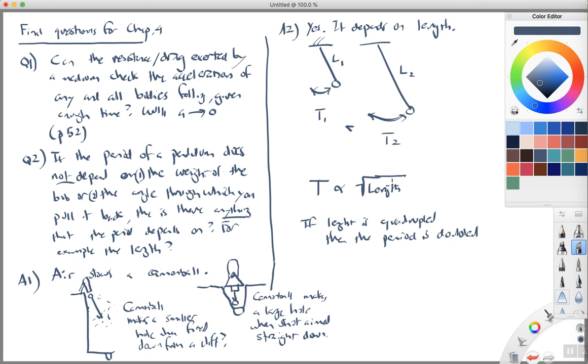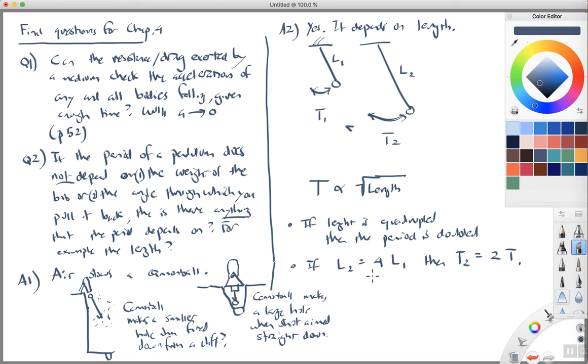It's not enough to simply double the length to double the period. If you double the length, the period would go up by a factor of the square root of 2. You need to quadruple the length in order to double the period. So if, for example, L2 is 4 times L1, then T2 is going to be equal to 2 times T1 in this example we gave above.